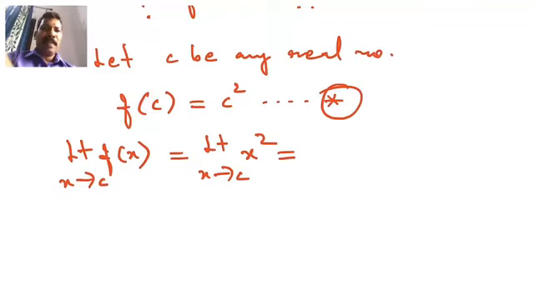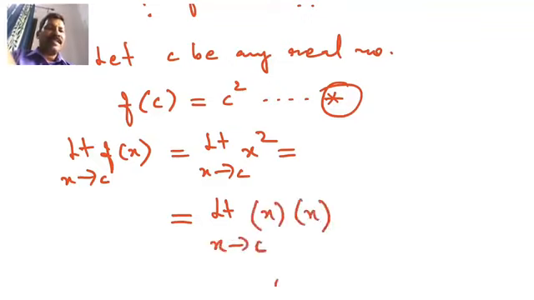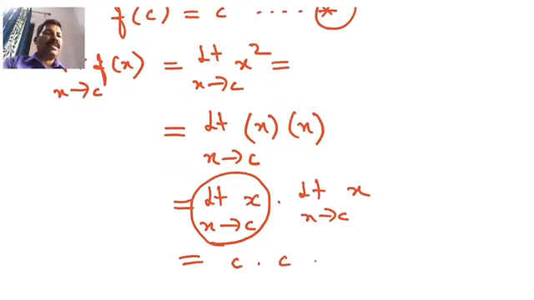But here we are going to prove it only, so we cannot substitute x equal to c and conclude directly. So what we have to do is separate this x square into two identity functions. That is like this: x tends to c, so this will be c only, and then here again c. That is c into c, that is equal to c square.